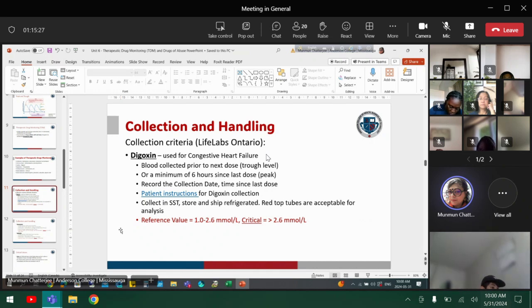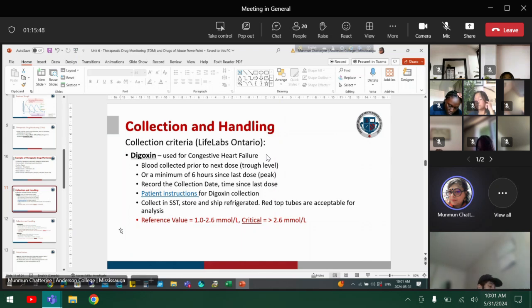Record the date and time the last dose was taken, and what time you collected, and the collection date. Patient instructions for digoxin collection: you collect in the SST tube, store and ship refrigerated. Red top tubes are acceptable for analysis, and this is the reference value.